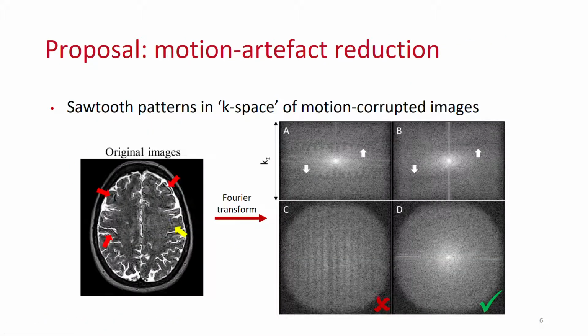Second step is motion artifact reduction. In this particular scenario, we proposed a protocol-specific method because we do not have access to the original k-space and the entire processing needs to be done retrospectively. So what we did was to look at the k-space of original images. What we observed is that this k-space, which we obtained via the Fourier transform, exhibited some sawtooth patterns or pie-sliced patterns that are related to motion.